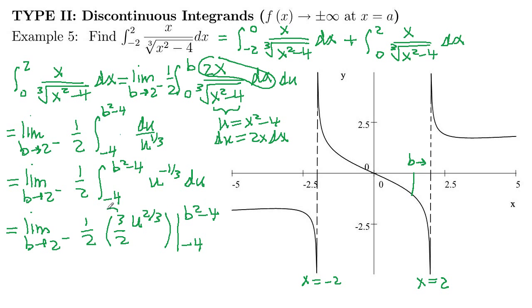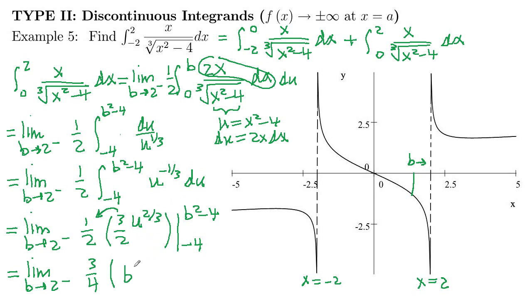Now the 3/2 we can factor out of the evaluation, distributive property. So this will be the limit as b is approaching 2 from the minus side. And we will have a 3/4 outside the evaluation. And then we've got u to the 2/3 power. So plug in the b squared minus 4.